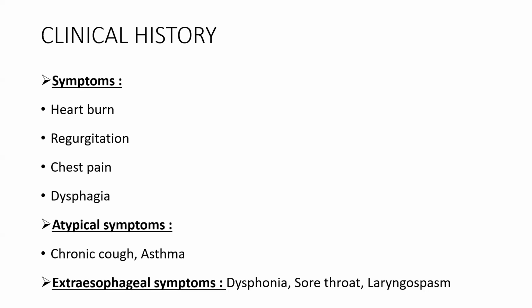And in patients with asthma, autonomic dysregulation occurs, resulting in increased vagal tone, and this change, together with increased negative intrathoracic pressure during asthma, could enhance the tendency of reflux. And extraesophageal symptoms, this is due to pathological changes secondary to GERD, include dysphonia like vocal hoarseness, sore throat, and laryngospasm.